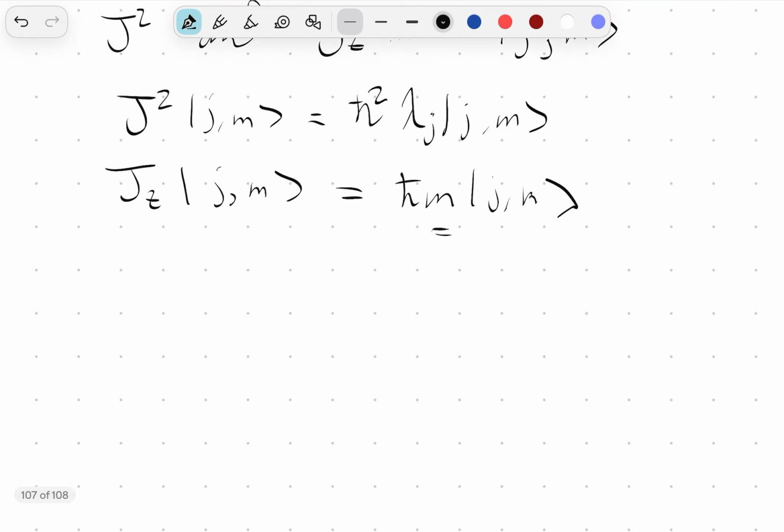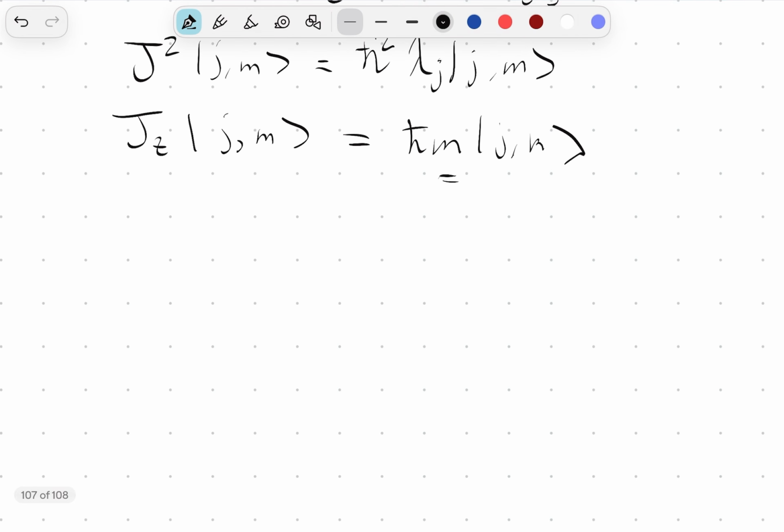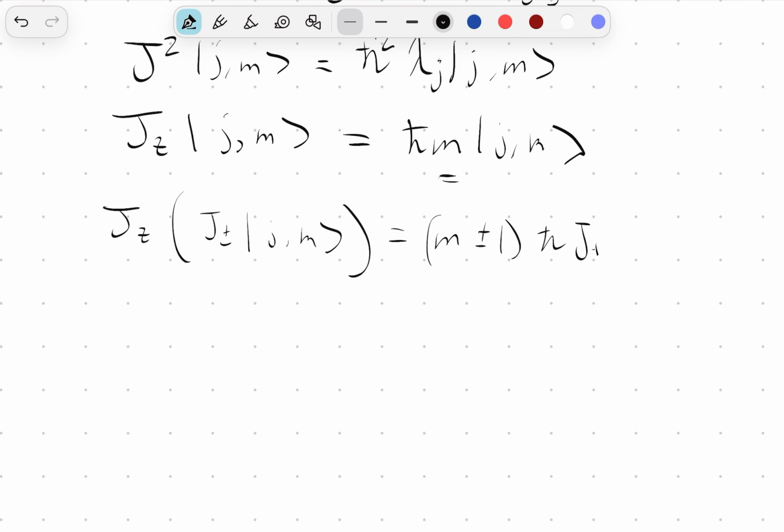So from the commutators, what we can have is that Jz acting on J plus or minus, these ladder operators, should be equivalent to m plus or minus 1 times ℏ J plus or minus acting on the |j m> state. So what J plus does, again, as ladder operators do, is it's going to raise m by 1 unit, and then J minus lowers it, right? So that's essentially what's happening.